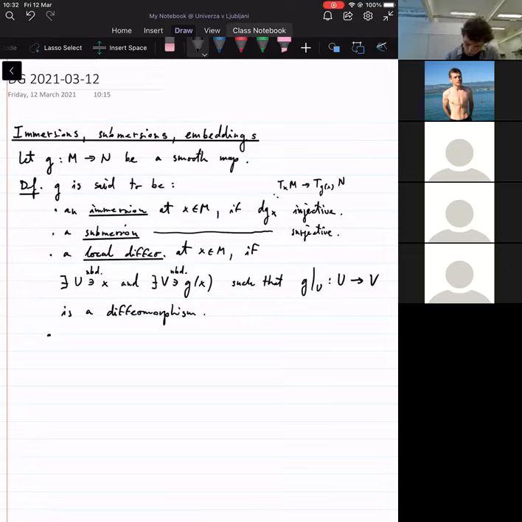So then we also define what it means to be an embedding. So what does it mean to be an embedding? If it's all three at once. Sorry? If it's all three at once. No, the function has to be injective, not the derivative. Okay, well, kind of the derivative also has to be injective here.